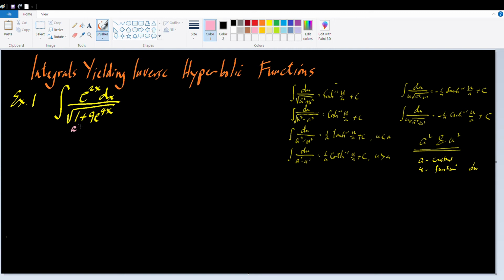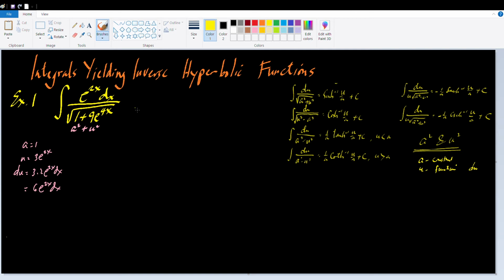It is of the form a squared plus u squared. So that means that our a is 1, our u is 3e to the 2x. We check the differential, which is 3 times 2e to the 2x dx, or 6e to the 2x dx.